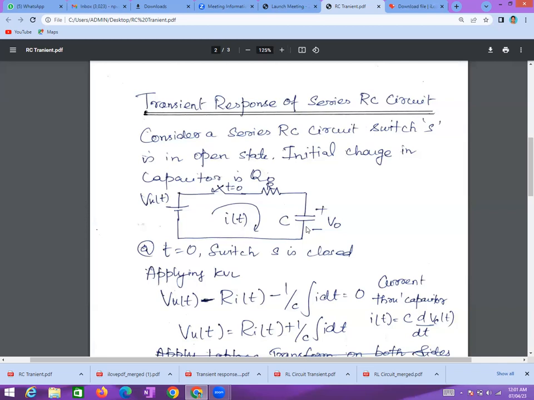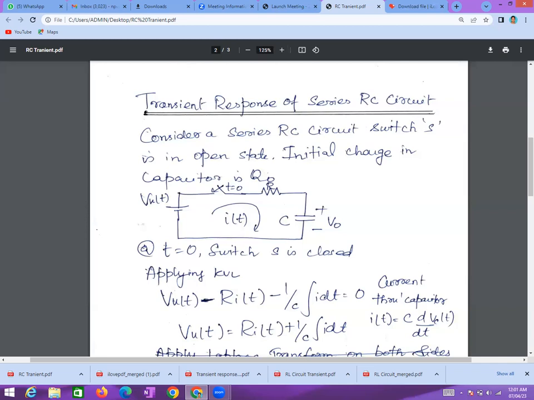That variation is the main cause of this transient response, and it is available only for a short duration of time. That's why it is called a transient response. Then after that it will reach the steady state value.